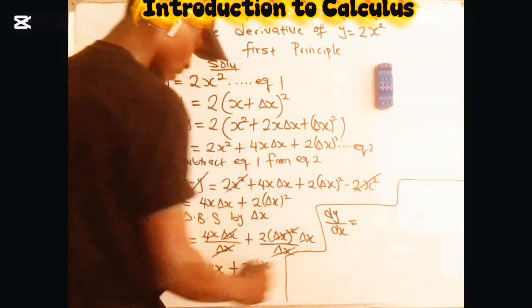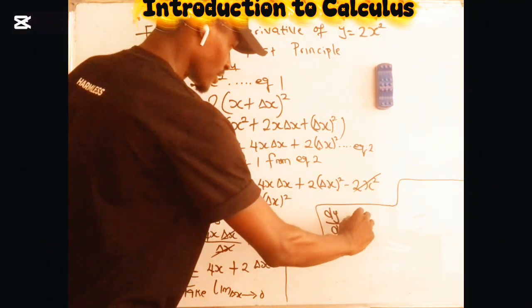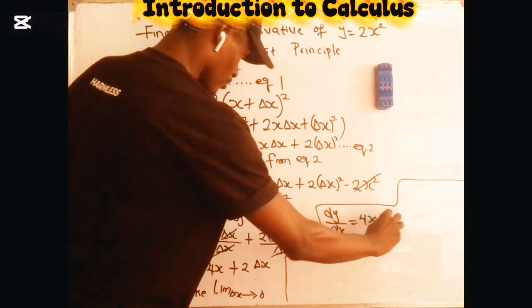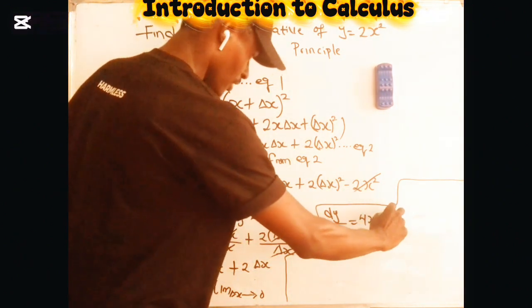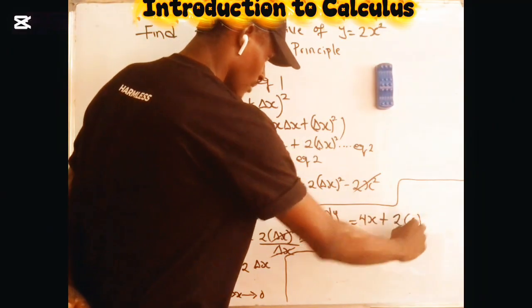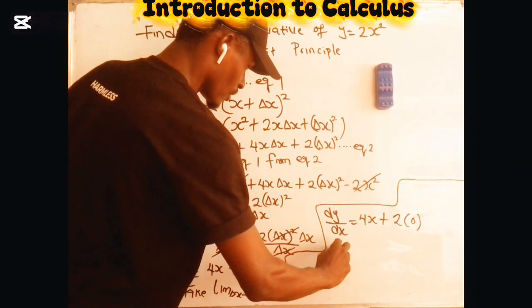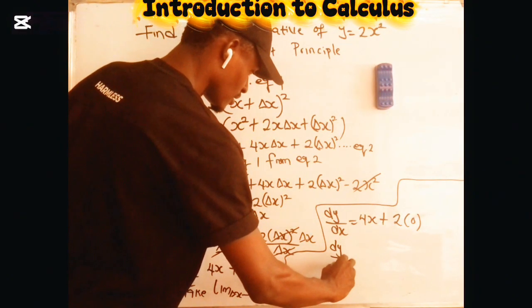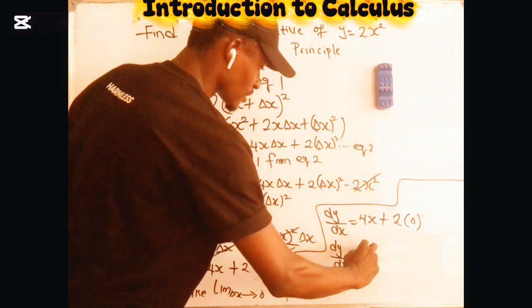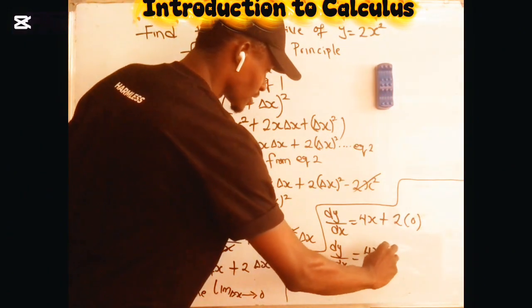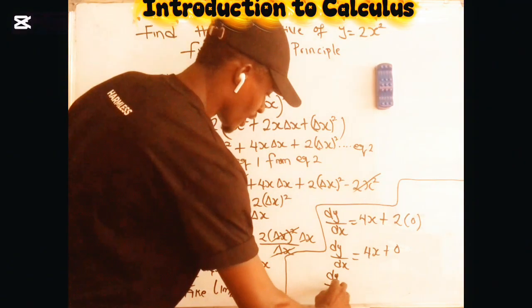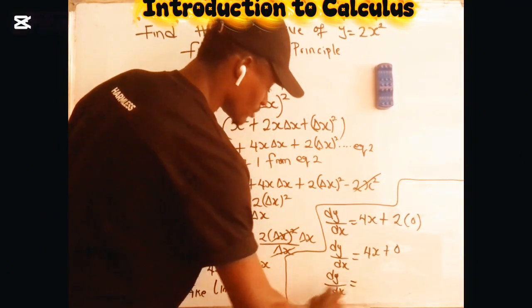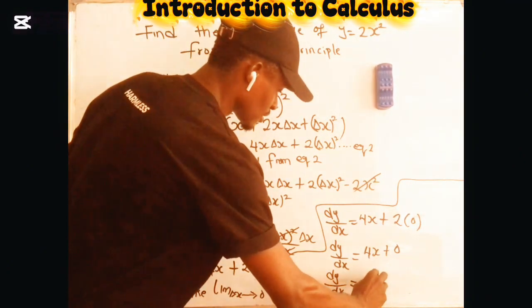Now, equals 4x remain 4x, then plus 2 changing x. Changing x, remember, approaches 0, so it will be 2 times 0. Therefore, dy dx becomes 4x plus 0. That leaves us with dy dx to be equals 4x.